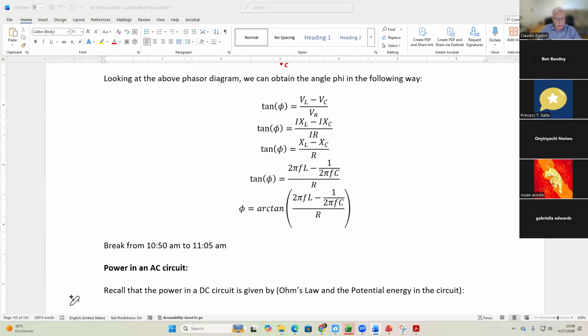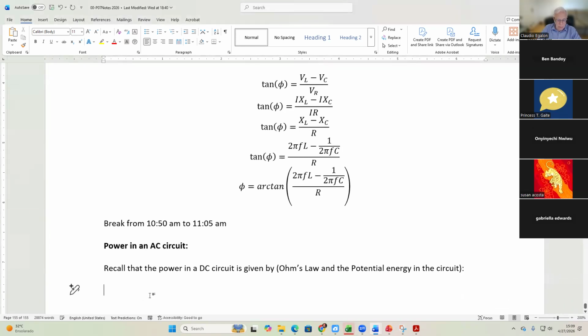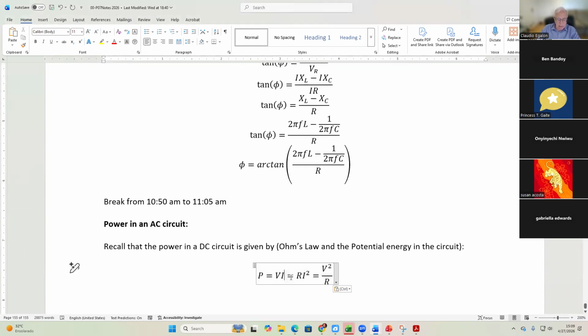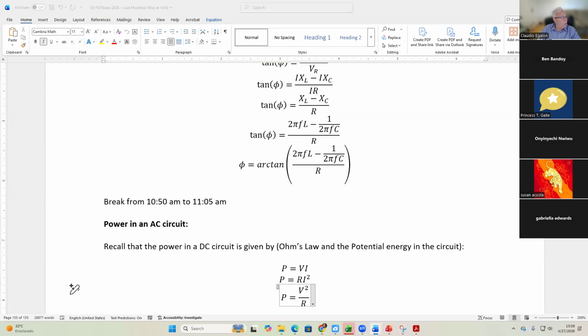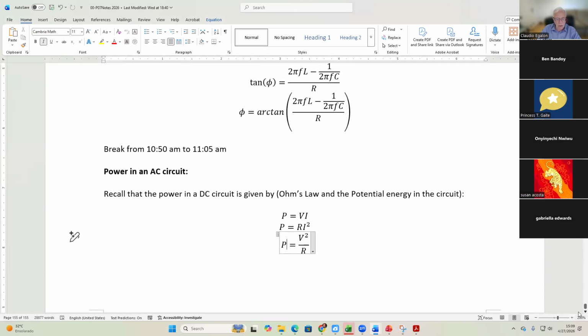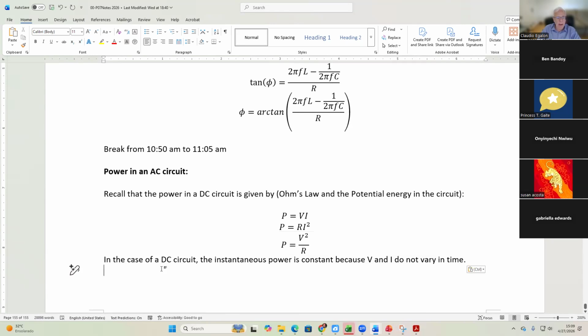Just like we had for a DC circuit, the power in an AC circuit is going to be also VI. And this power can be rewritten as R I squared using Ohm's law, or V squared over R. In the DC circuit, this power is constant because the voltage and the current do not change as time goes by.